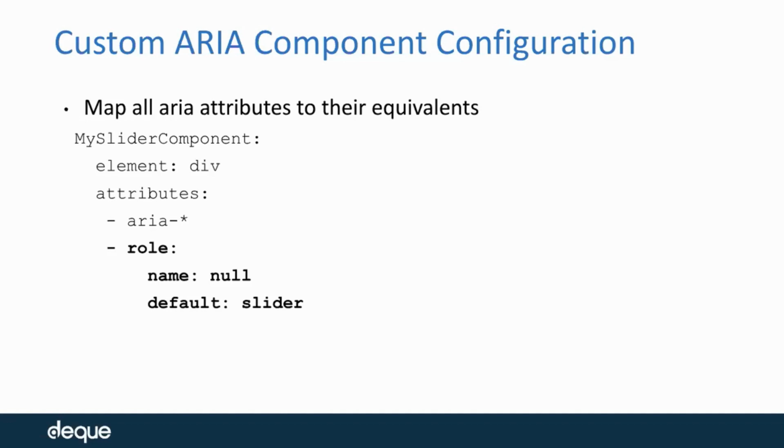I don't want anybody, the user of this component, to change it from a slider component to something else, because then the semantics are not going to match all of the implementation, and it's going to be a mess. So in my implementation, I can stop that by just ignoring any role passed in, and I can tell the linter that that is the case by saying, sorry, name equals null.